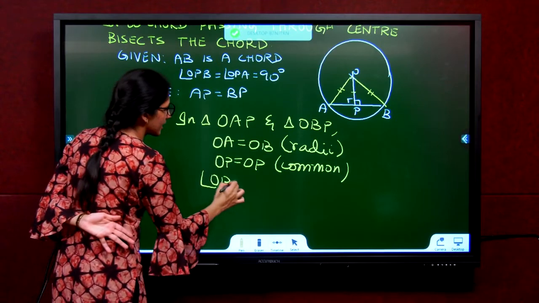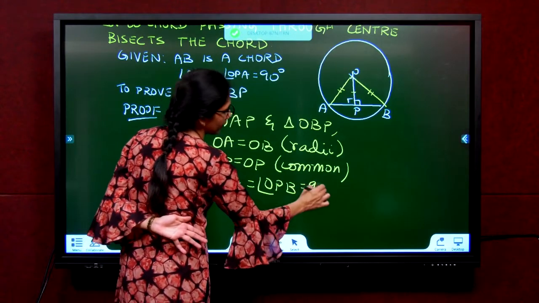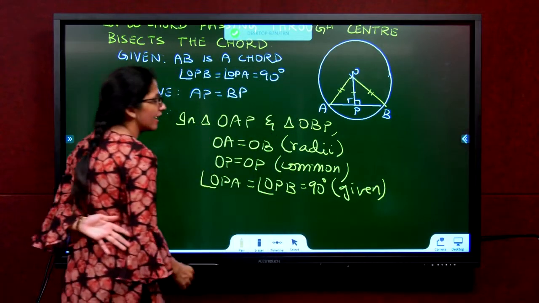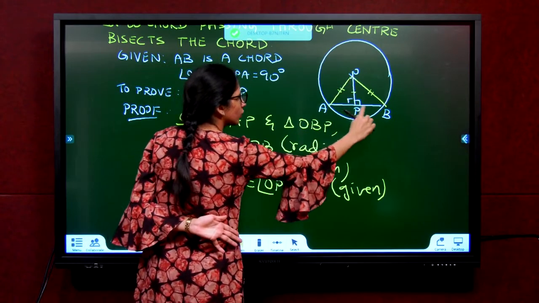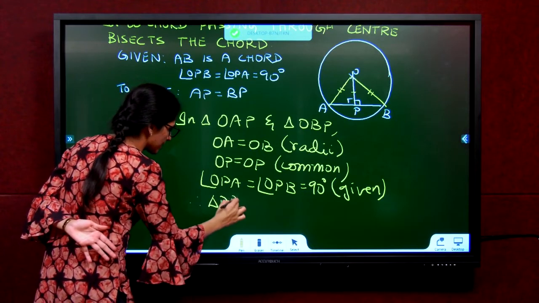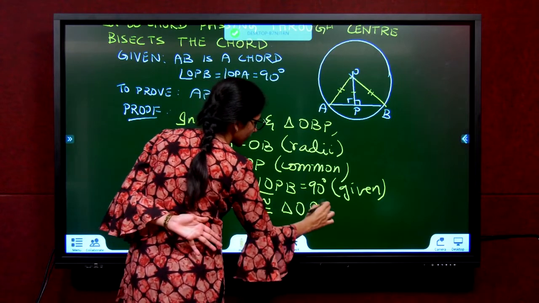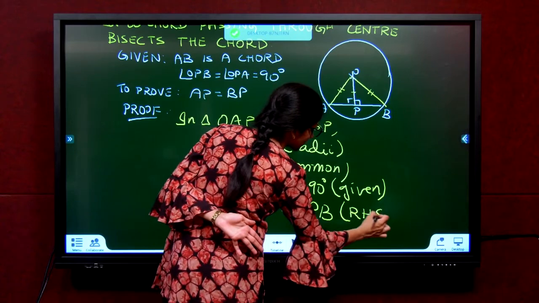Angle OPA is equal to angle OPB, equal to 90 degree. Why? Given it is a perpendicular. Therefore, can I say triangle OPA is congruent to triangle OPB? Yes. By which congruency? RHS congruency.